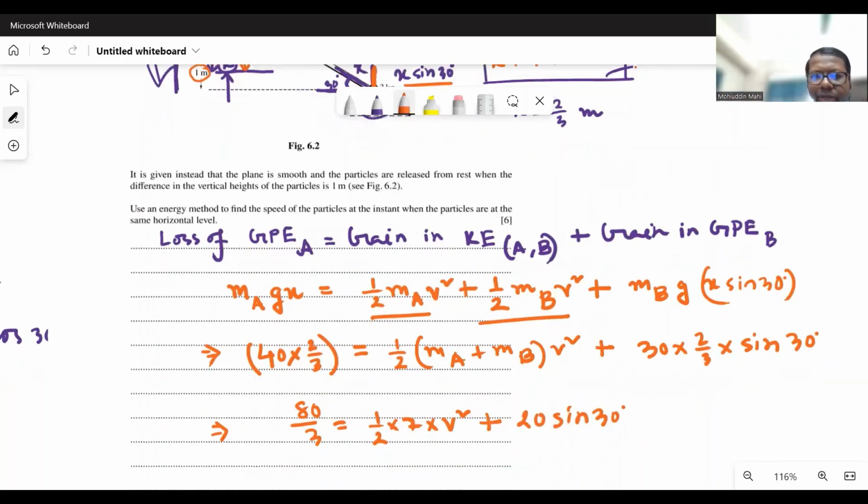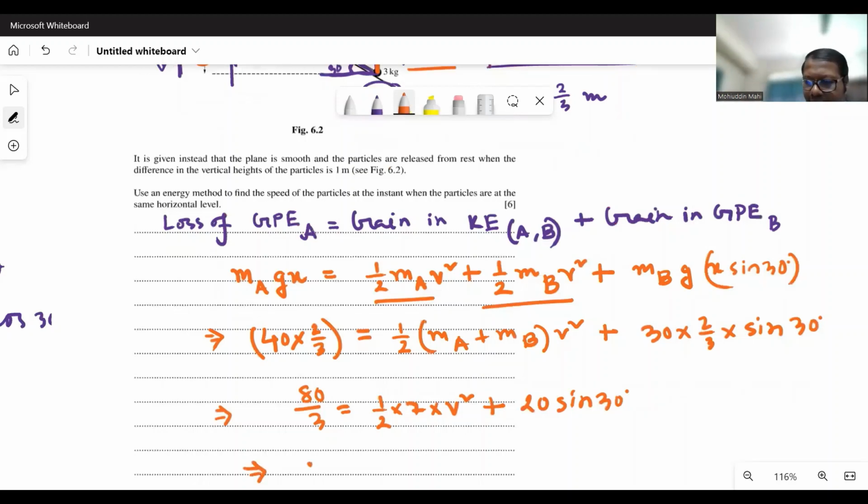So from here, you have to make v the subject. If you make v the subject, the value is going to be, I'm not calculating it, the value is 2.1. Just use the calculator. So this is one way you can solve the question. All right.